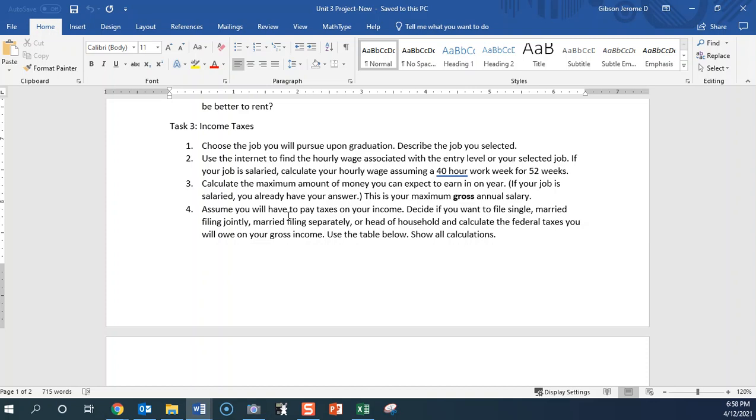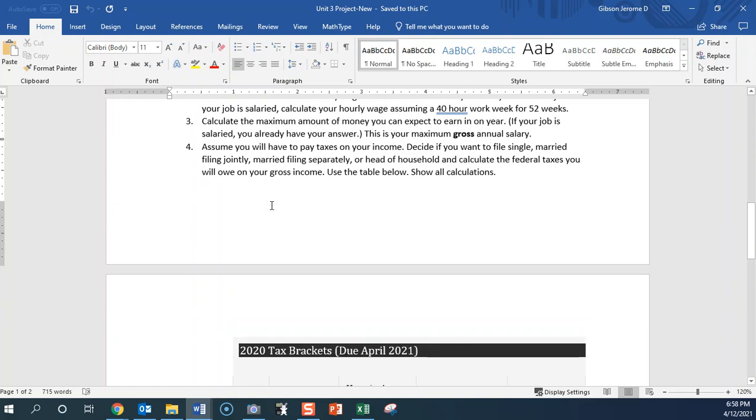If you have the hourly rate multiplied by 40 and 52, that gives you the maximum amount that you would earn, which would be your gross salary. And if you picked a job that was already salaried, your number 3 has already been answered by the job being salaried.